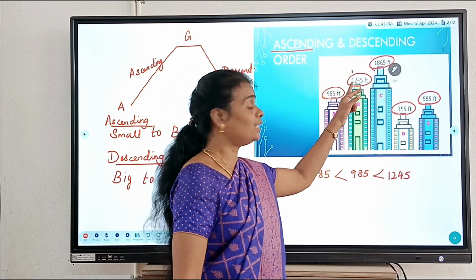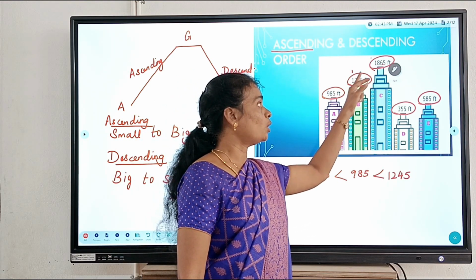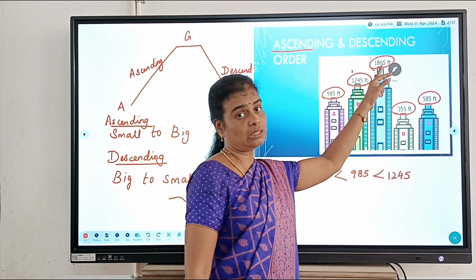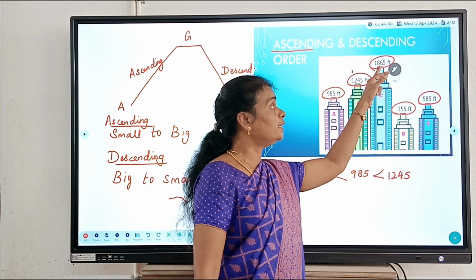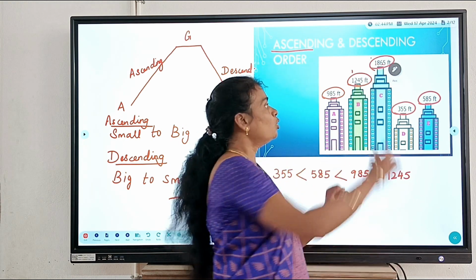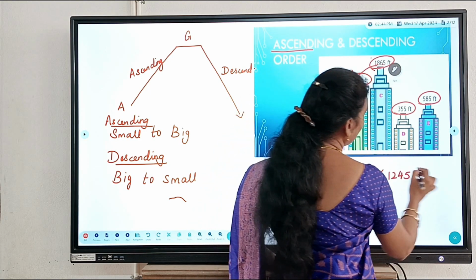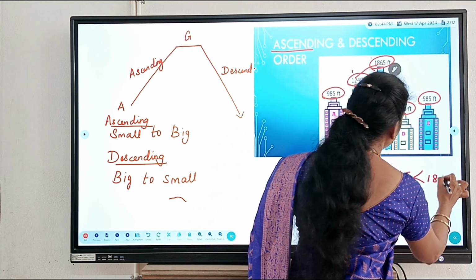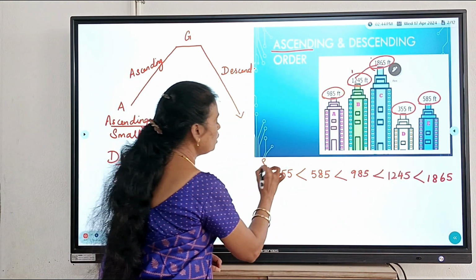So you have to compare each digit to find out the bigger one. The first digit is 1 in this case and here also it is 1. And here the second digit is 2 and here the second digit is 8. So when we compare 2 and 8, we come to know that 1245 is smaller than 1865. So this is ascending order, that is small to big.